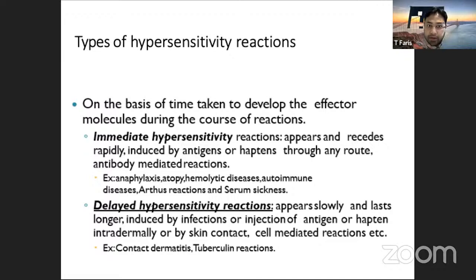Other than that, we have the delayed type hypersensitivity reactions, and these appear much slower and will take some time to process. This is due to the complexity of the antigens for the lymphocyte to recognize and produce the antibody. Okay, however, it lasts longer.